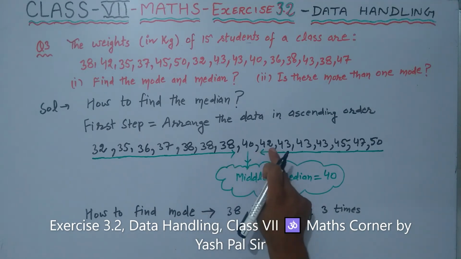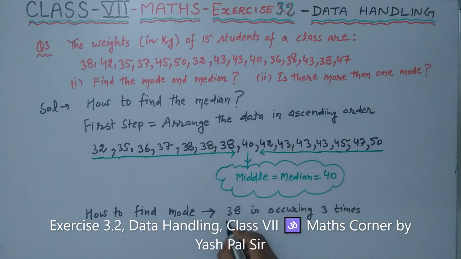Moreover, 43 is also occurring 3 times. Most occurring frequency.